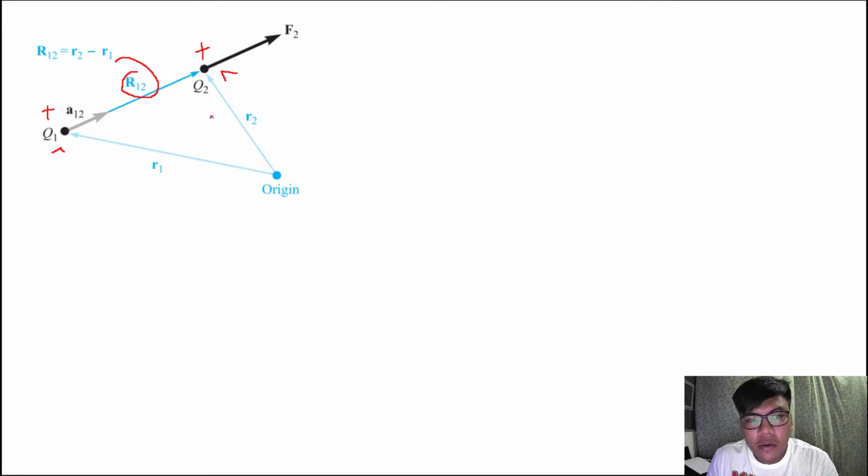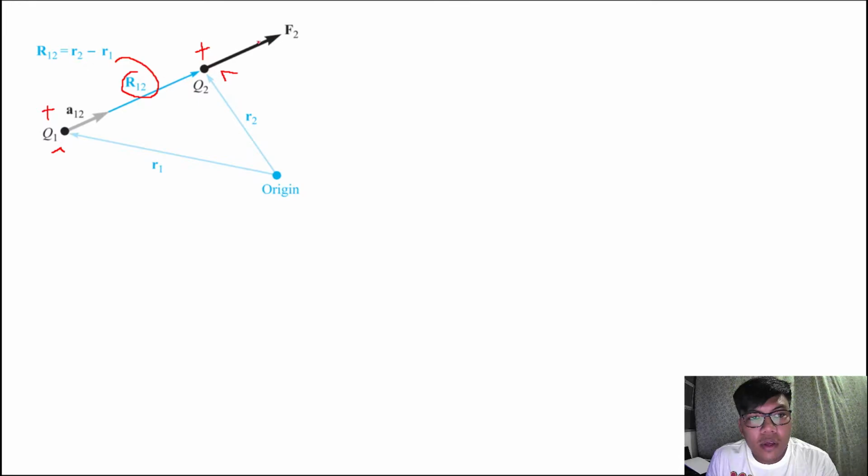Ngayon, dito, kailangan mo munang i-analyze yung direction ng force bago mo makuha ng tama yung force na hinahanap natin. Halimbawa, ang hinahanap natin is force exerted by Q1 on Q2. Kasi yan ay merong mutual force between them, mag-a-act sa parehas.